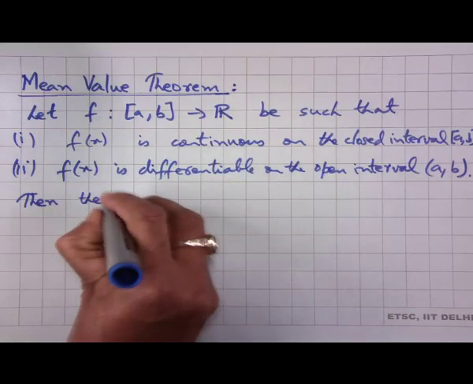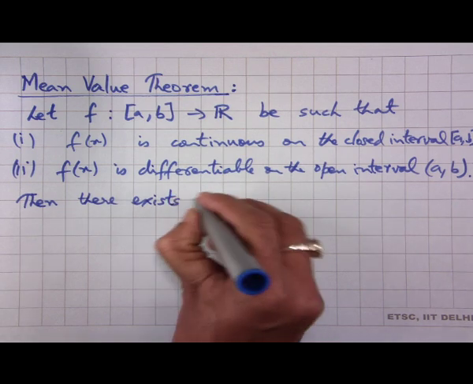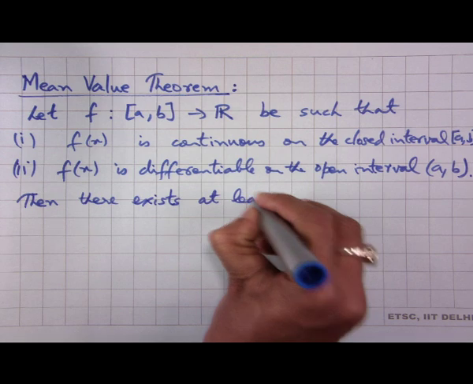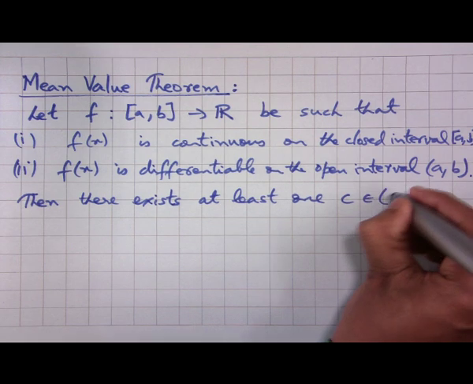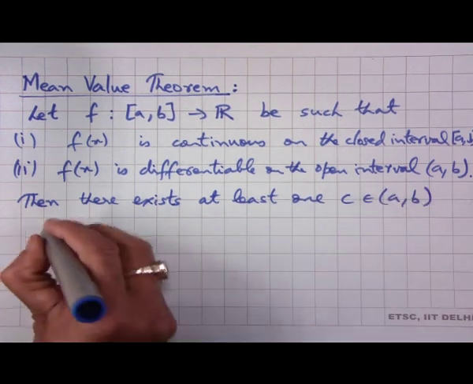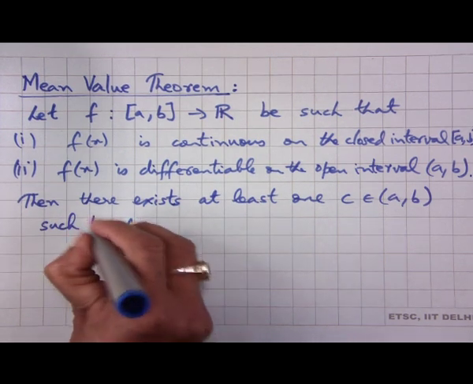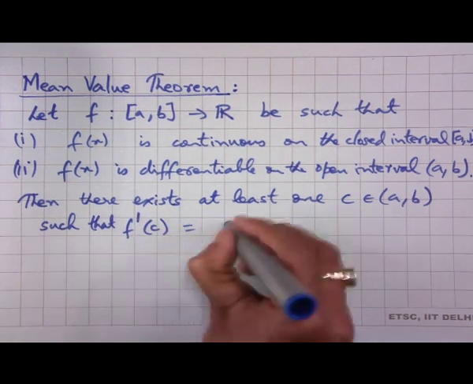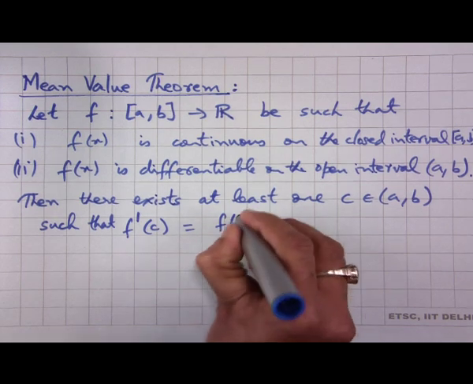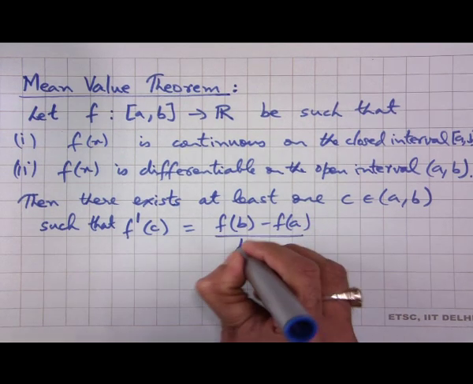Then the conclusion is, there exists at least one point c in the open interval (a, b) such that f prime of c is equal to f of b minus f of a divided by b minus a.